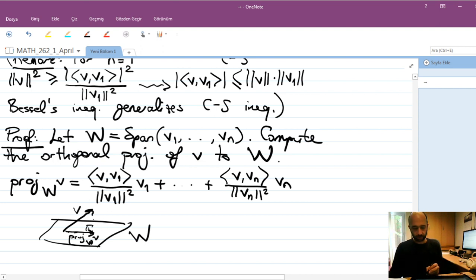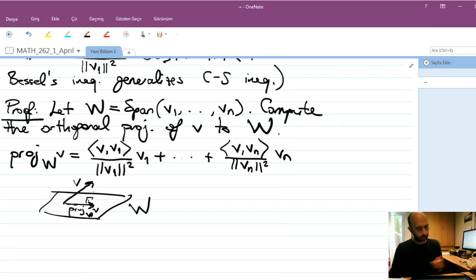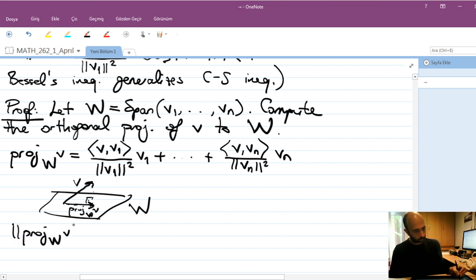Now, one basic fact, again written in the notes, is that this projection has norm less than the norm of the initial vector v.